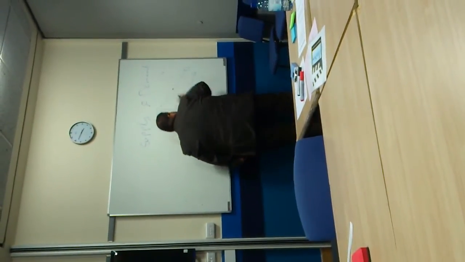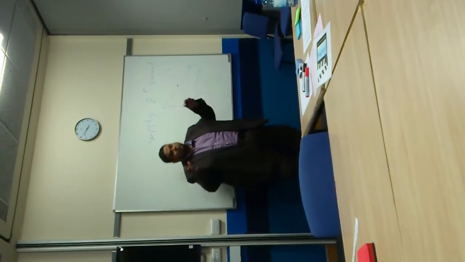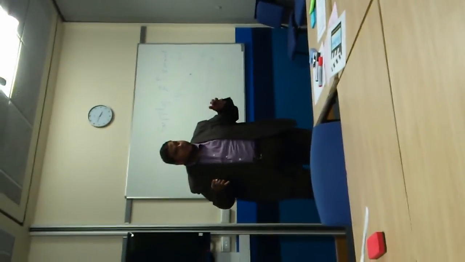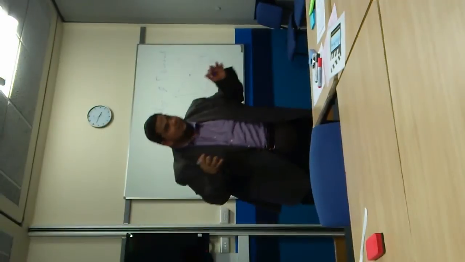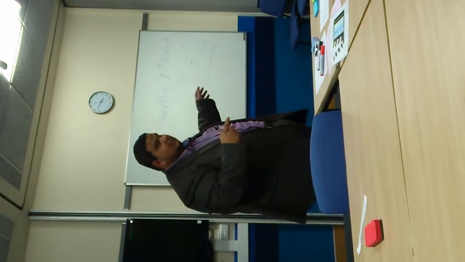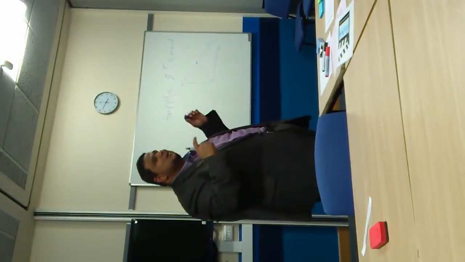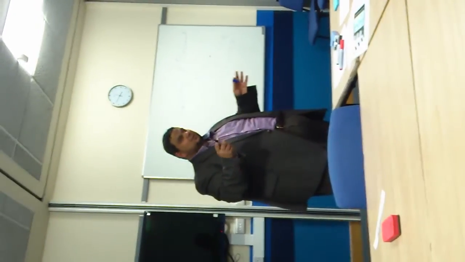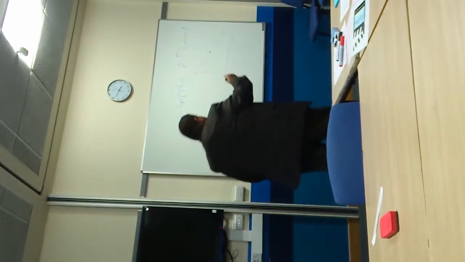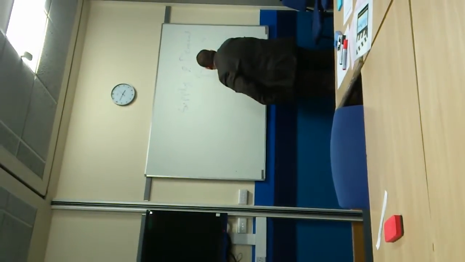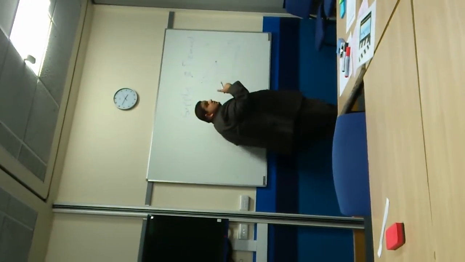Wherever they intersect, that is called the equilibrium. Okay? And at this point, it means that the quantity demanded is equal to the quantity supplied.